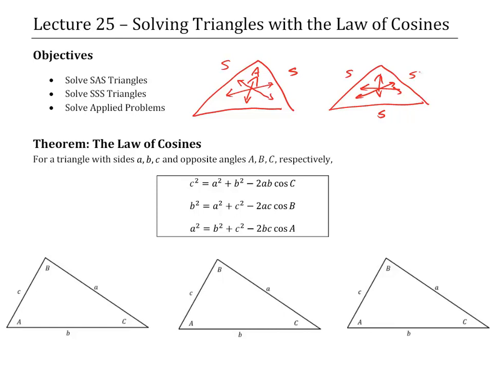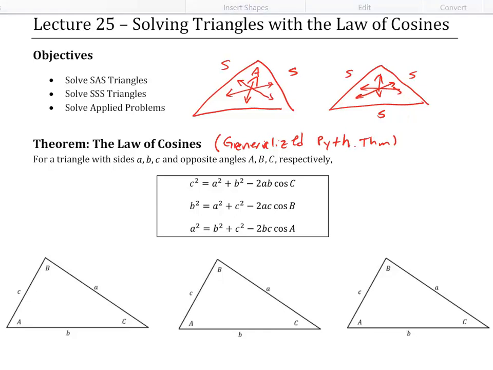Now, what's interesting about the law of cosines is it is actually kind of a generalized Pythagorean theorem. And why do I say that? If you look at the first one here, notice what I've highlighted in that first equation. c squared is equal to a squared plus b squared. But that's not the entire equation for the law of cosines.